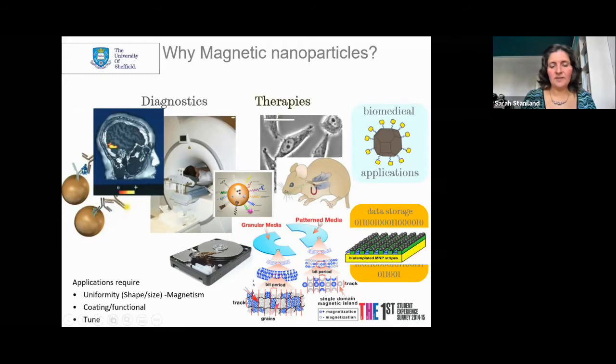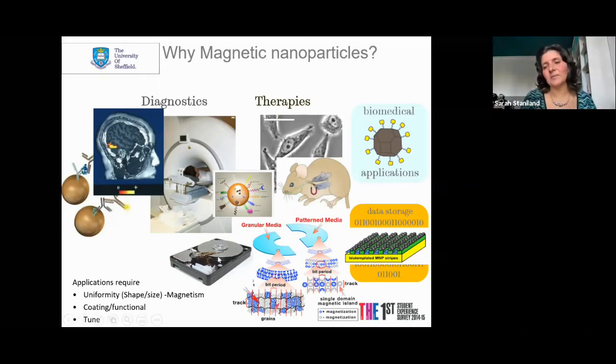Just as a very light touch general introduction, our hard drives, you probably recognise here, are magnetic films, and they store data in the form of a magnetic dipole, either dipole up or down. That's a bit of information, like zeros and ones, so it's that simple.